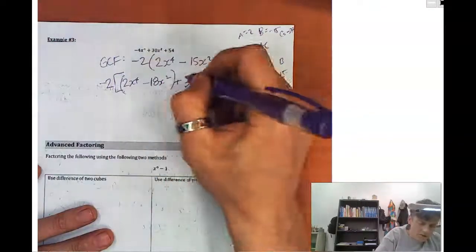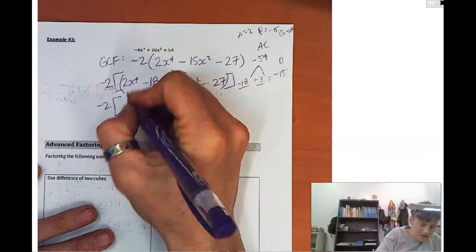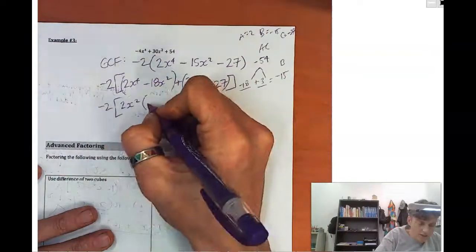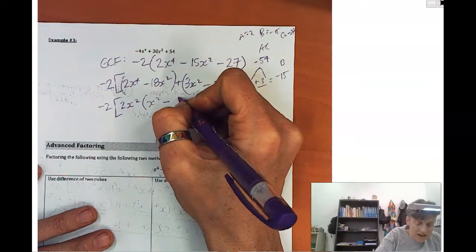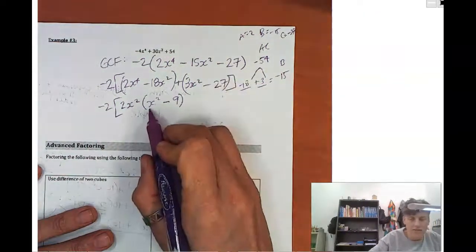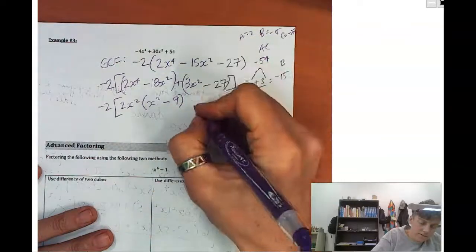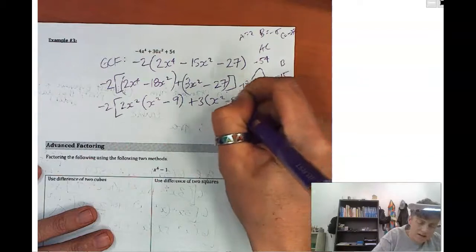Group the first two, group the second two, take out GCFs of each of the groups. Here I can take out a 2x squared and be left with x squared minus 9. Ooh, I see that's a difference of squares. Here I can take out a 3 and be left with x squared minus 9.